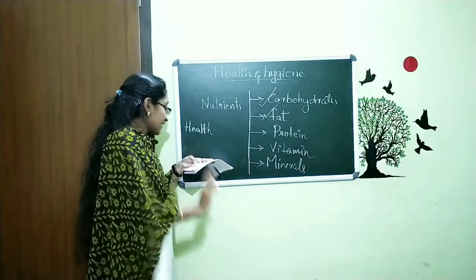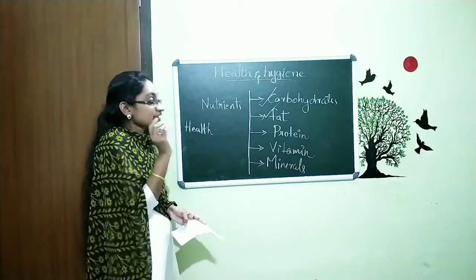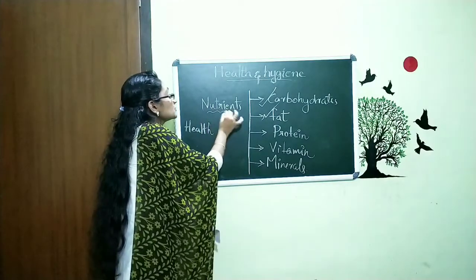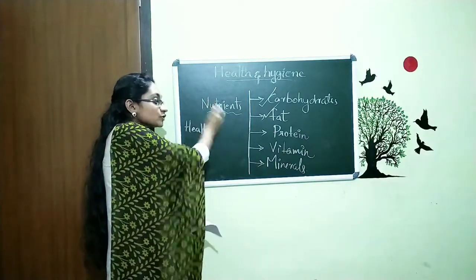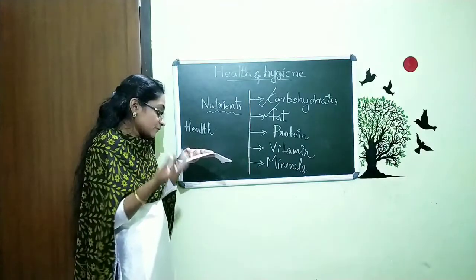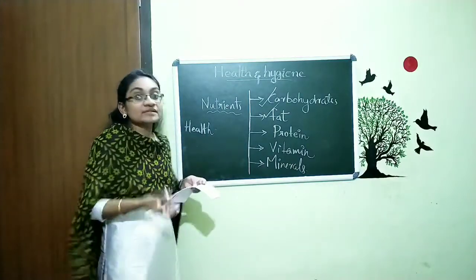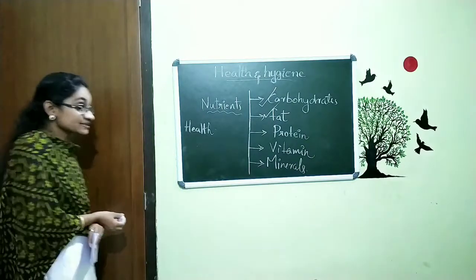After that, we studied the components of food. The components of food are the nutrients present in our food, and it also contains things like water and fiber. We will discuss it in our next class.